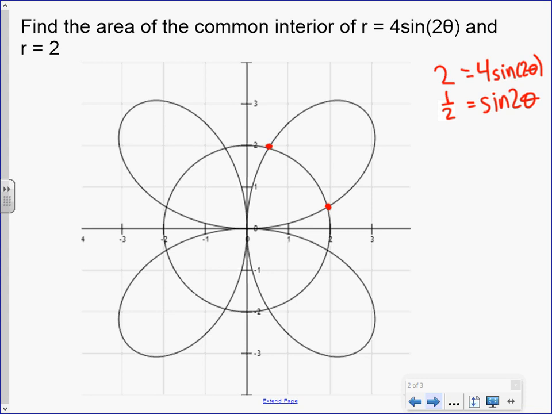How many do we maybe need? I would say at most 2. And so the first 2 places sine is 1/2 are 5 or 6. So our first 2 intersection points are pi over 12 and 5 pi over 12. That's right here.